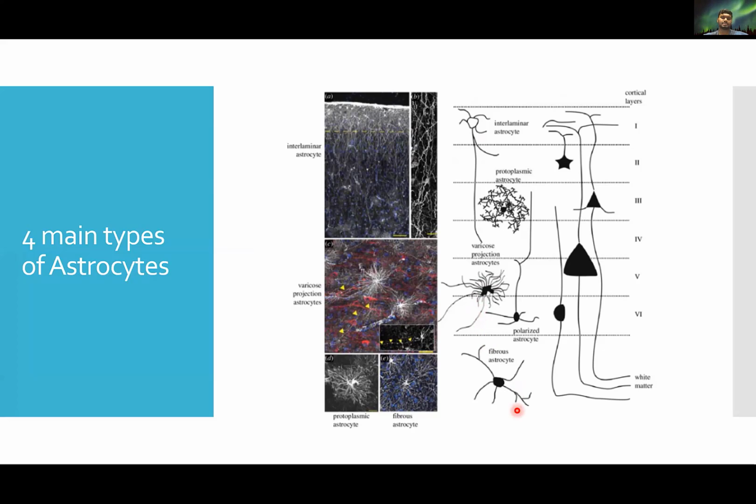You can see the fibrous astrocyte by the white matter tracts, and then protoplasmic astrocytes, which are between layers 2 and 6. In this picture, we have some more histological staining of interlaminar cells. You can see how it has very large processes. These varicose projections are also very long radial processes. You can see another protoplasmic and fibrous.